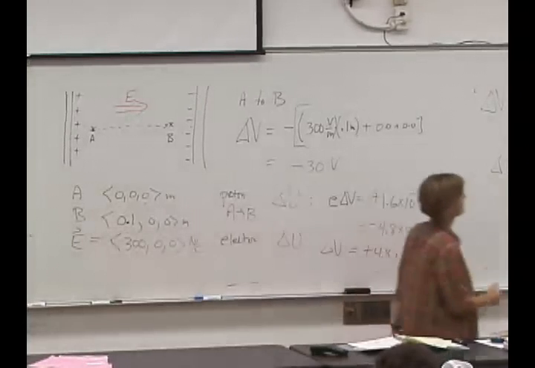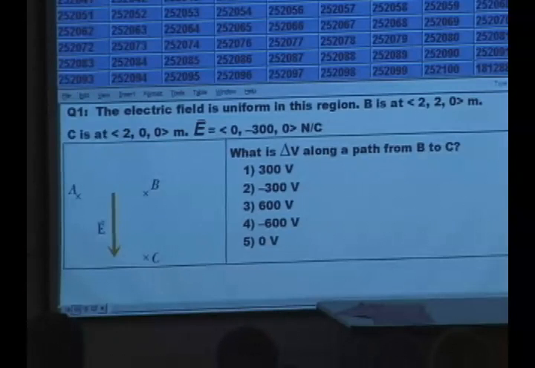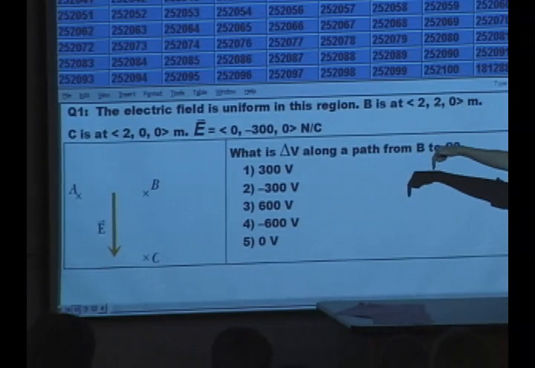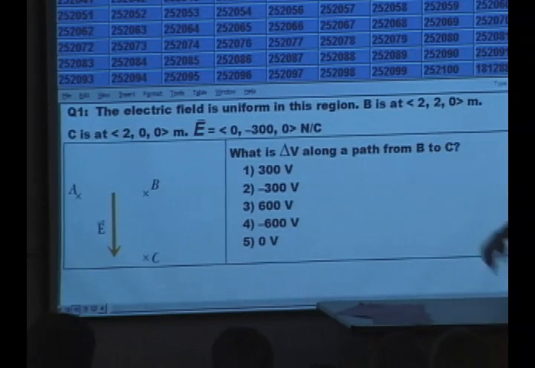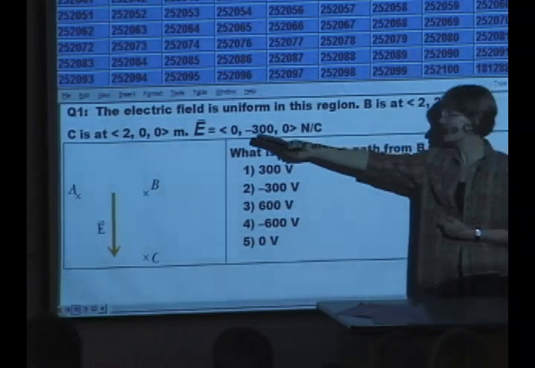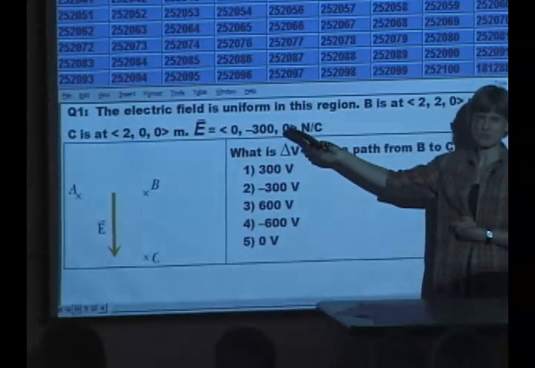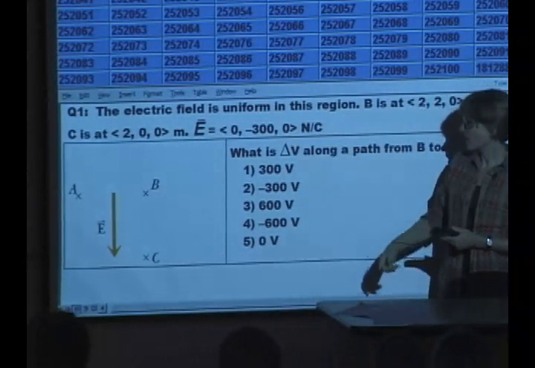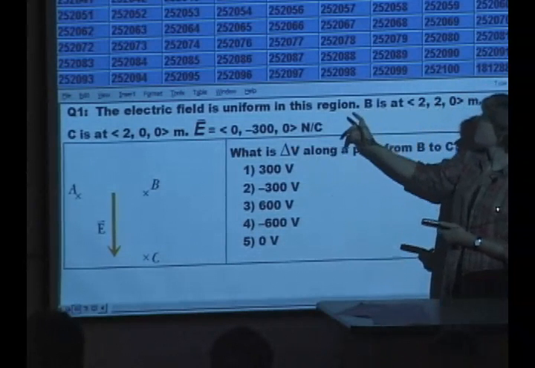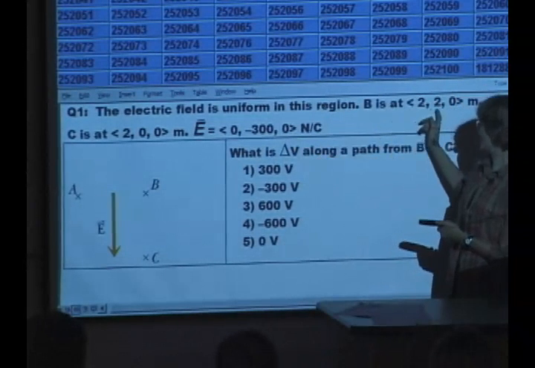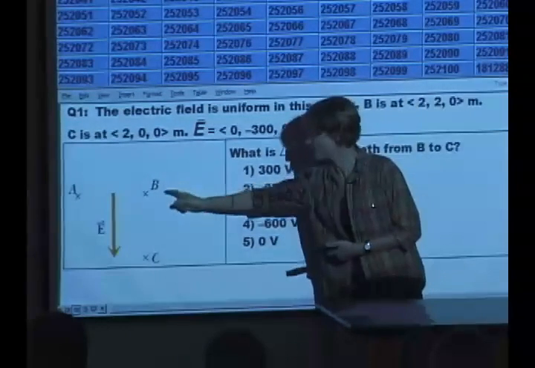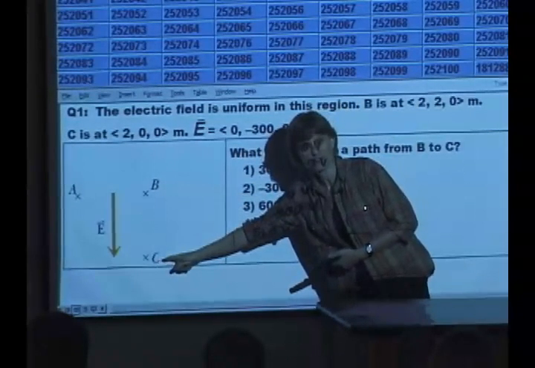Okay, let's try a couple. We've got an electric field that's uniform in this region. It points down. The electric field is 0, negative 300, 0 newtons per coulomb. B is at 220 and this is 200.